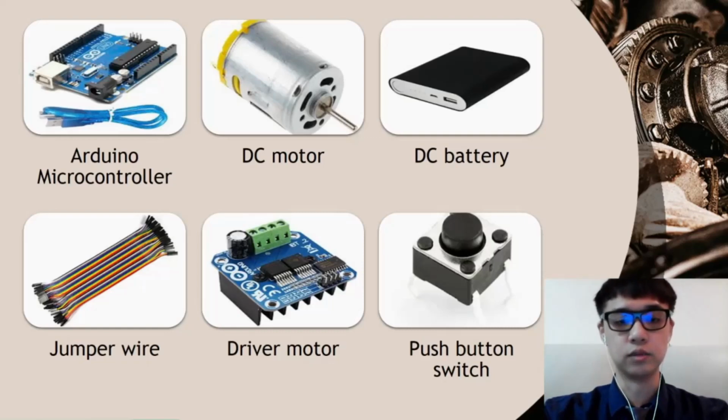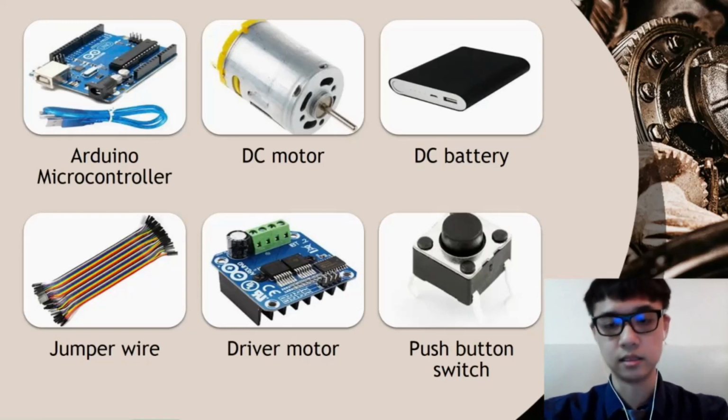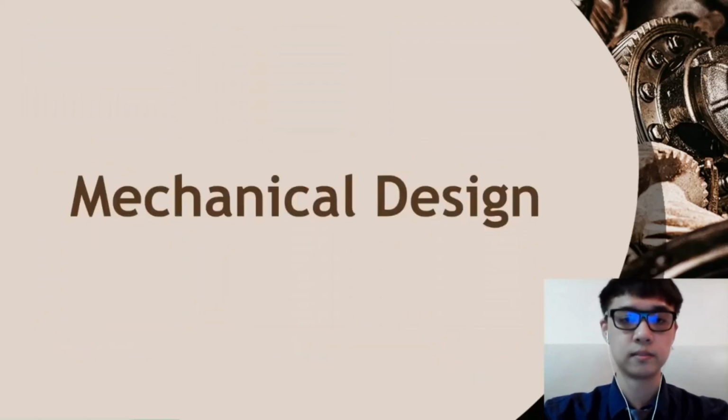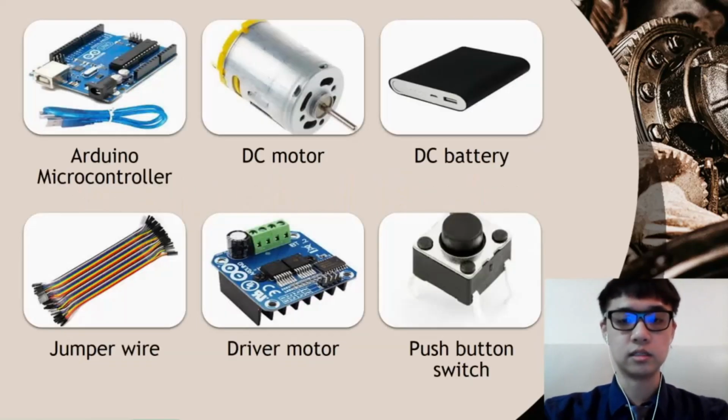Next is the motor driver to manipulate the speed of the DC motor. And last is the push button switch, which acts as an input to send signals to the microcontroller. The electronic circuit will be explained further in the simulation part.